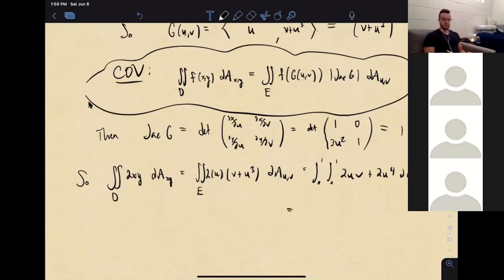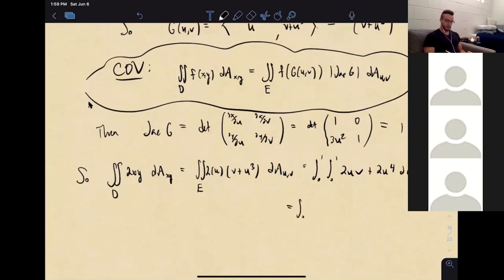So I'll finish this off really quickly. If you integrate with respect to u and you plug in 1 and 0, you should get v plus 2/5.